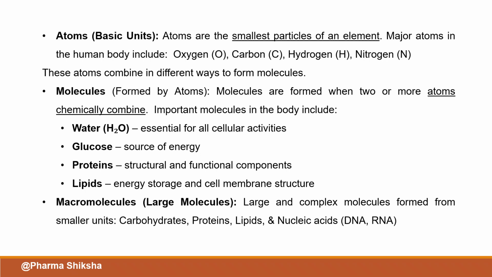Water is an example of a molecule and is essential for all cellular activities. Glucose is a source of energy, proteins are structural and functional components, and lipids are for energy storage and cell membrane structure. So the body stores energy in the form of lipid. Whenever it is required, the lipids will be converted and there will be energy formation.